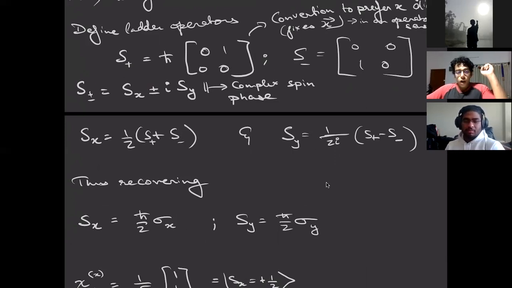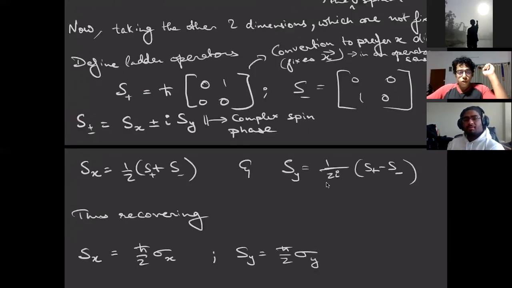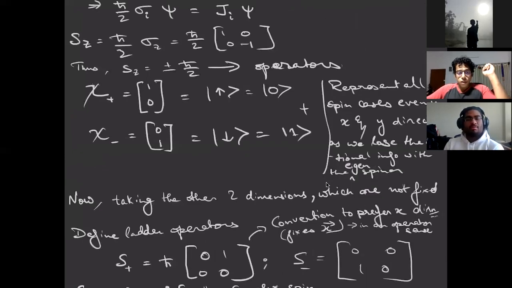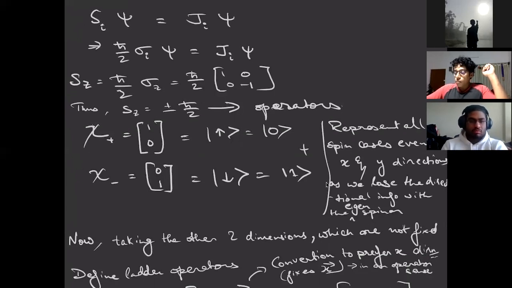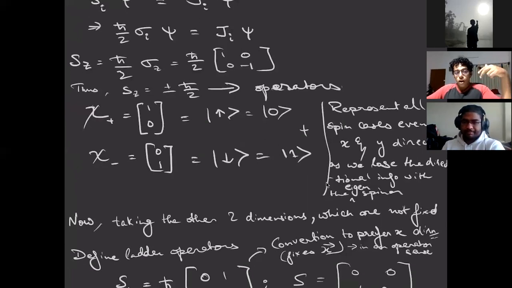You have this S plus minus is given by Sx plus minus iSy. So if you see your definition of your S matrix, right? Spin along Z will be given by h bar by 2 sigma Z, and similarly spin along X will be given by h bar by 2 sigma 1, and along Y will be given by h bar by 2 sigma 2, right?